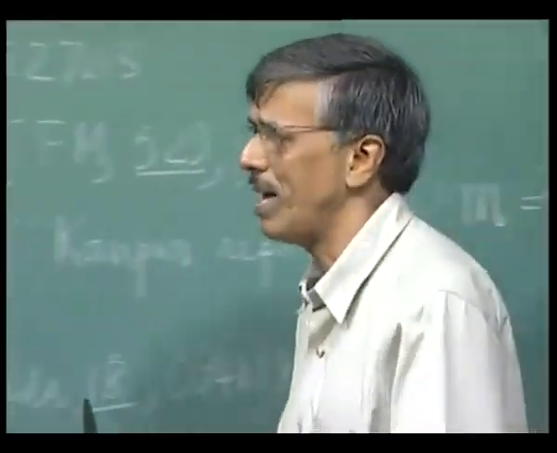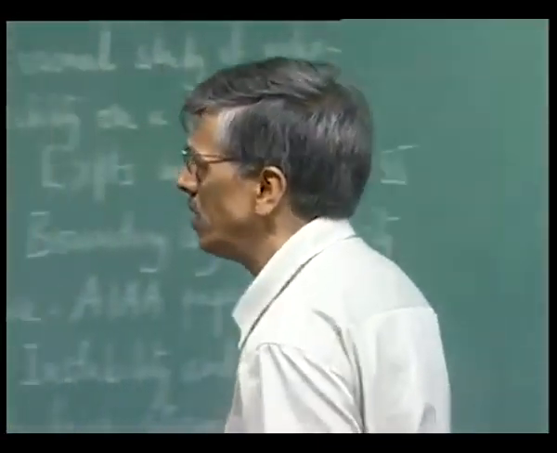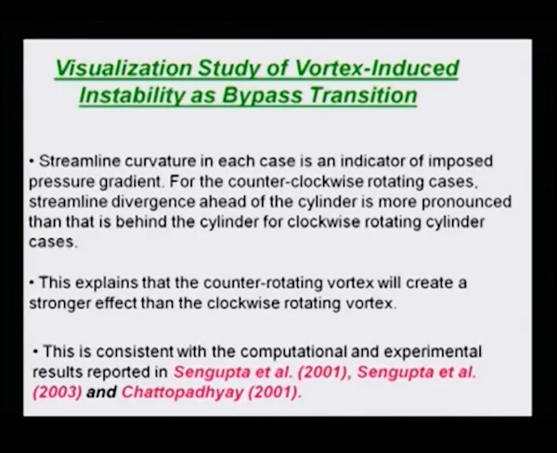Okay, that is precisely what we are also stating here, that the streamline curvature in each case is the indicator what kind of pressure gradient that you have imposed. For the counterclockwise case, your streamline divergence is ahead of the cylinder, and it is also more pronounced than that is behind the cylinder for clockwise rotating case, right. This is what we emphasized just now. This explains why counterclockwise rotating vortex will create a stronger effect as compared to clockwise rotating.